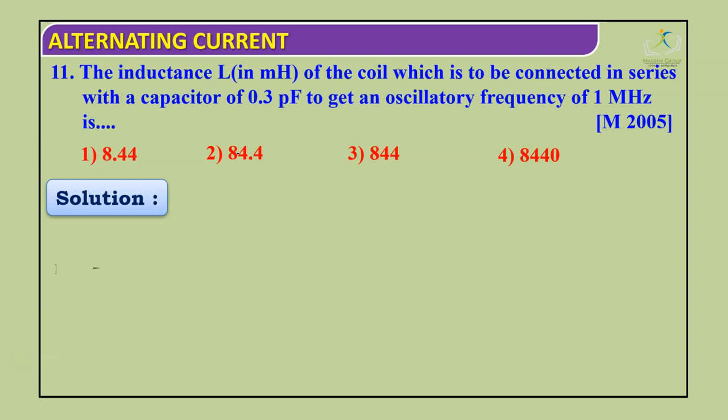Now move on to the solution part. We know that n is equal to frequency. N is equal to 1 by 2 pi under root LC, and n square is equal to 1 by 4 pi square LC.